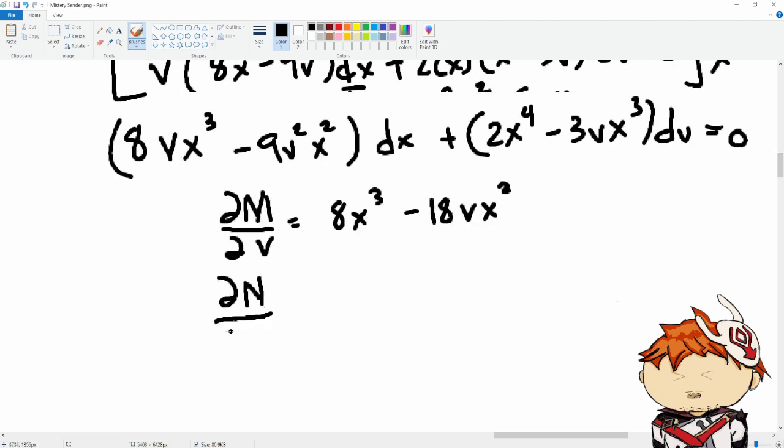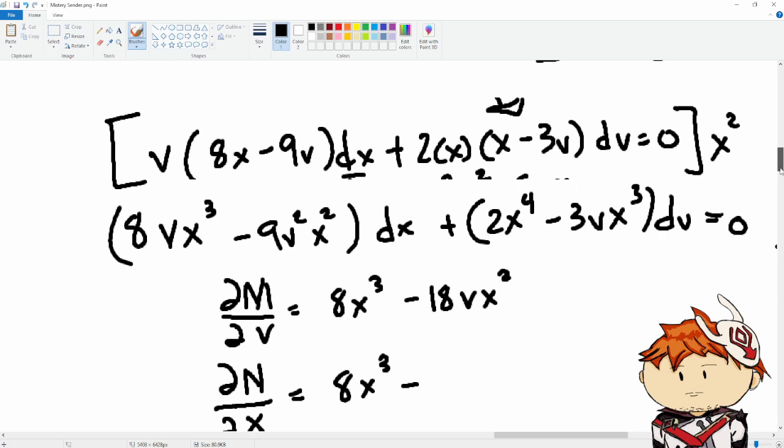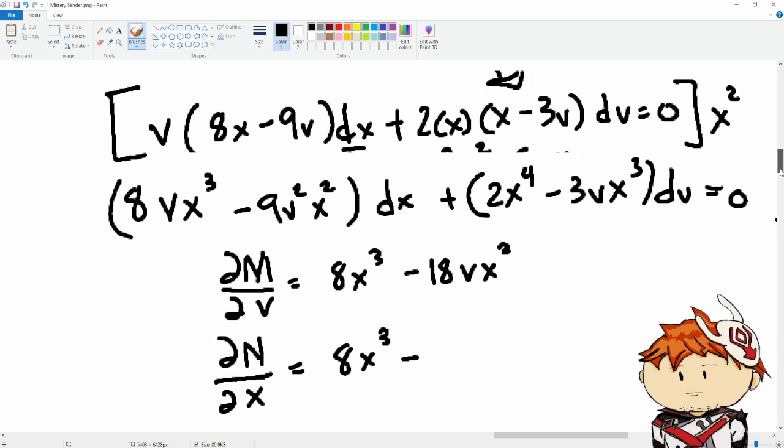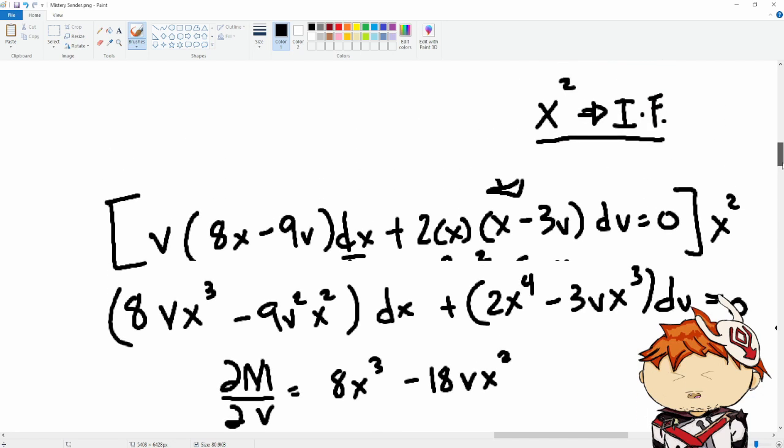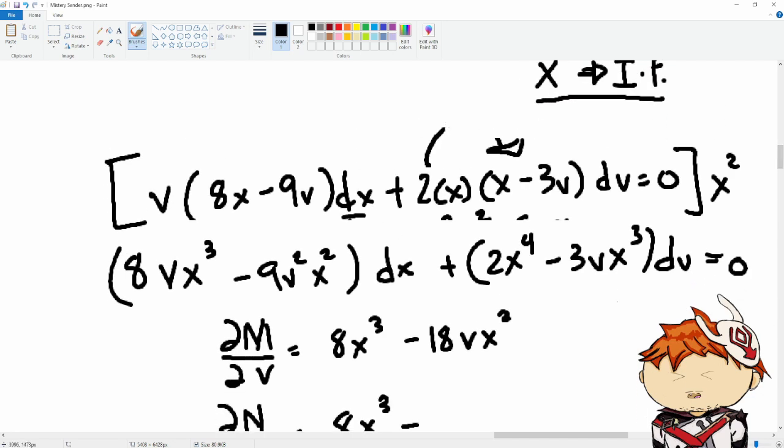For the n, for the right side, this should be like 8x cubed minus... wait, 18, right? 3 times 3, what's 3 times 3? 9. There's something wrong. Oh, wait, I forgot the 2. Yes, I forgot the 2. So this should be like 6. Okay, this should be exact.